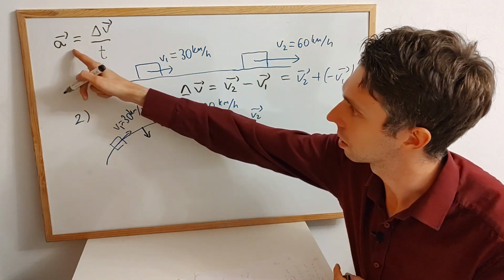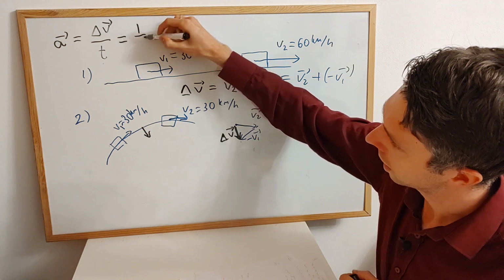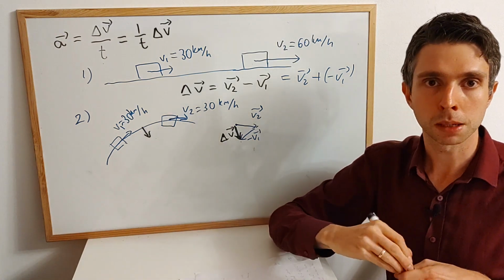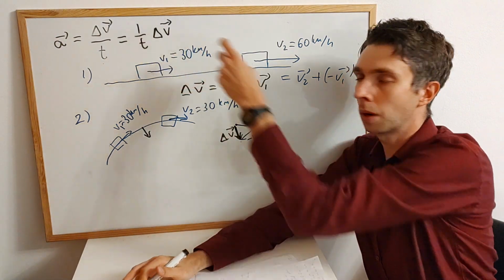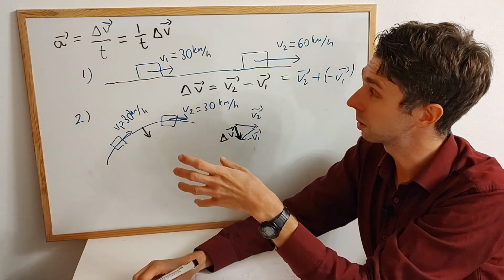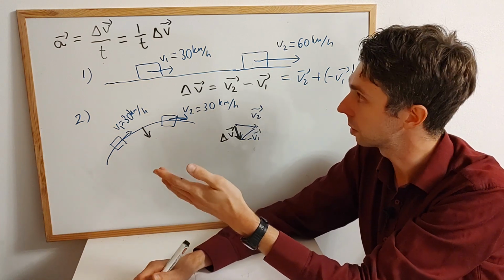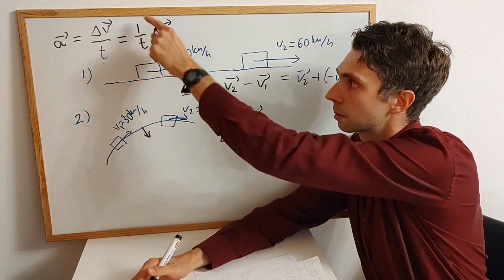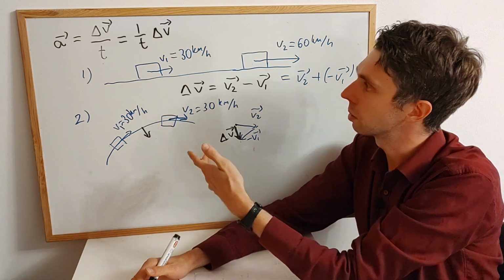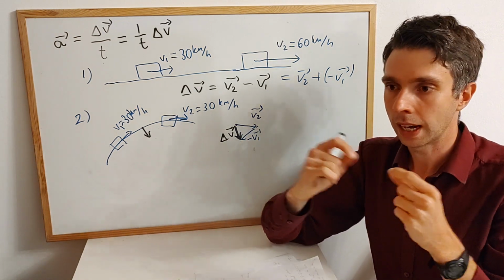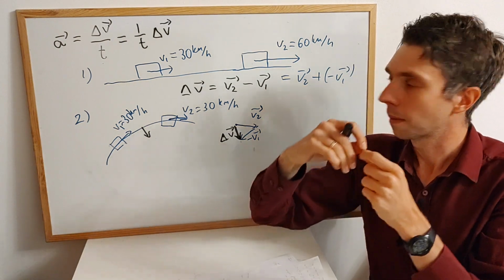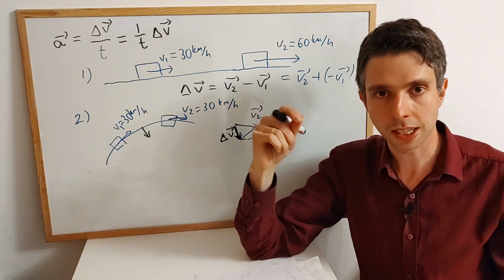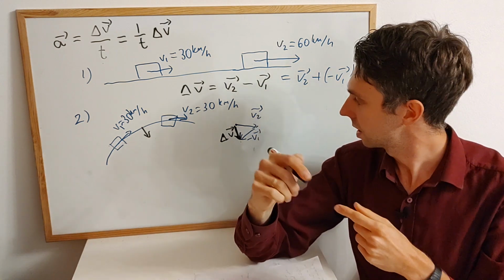So look at this. We can write it as 1 over t times delta v. T is time, it's some value. So 1 over t is some number which is of course positive because time is positive. So given vector delta v, you just multiplied it by 1 over t. And remember, as I showed you in my previous video, multiplying a vector by a number just rescales it, but it doesn't change its direction.